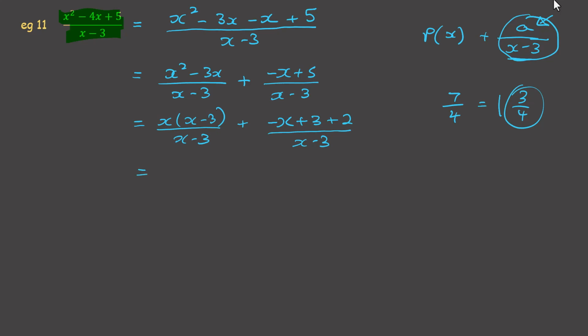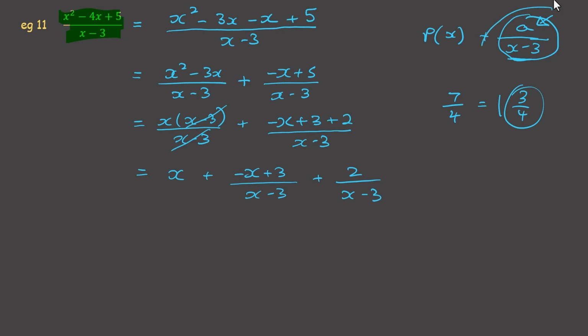And then this first term, got some cancelling, and I've just got an x. And I'm going to split that second fraction. So I'll split it into negative x plus 3 over x minus 3 plus 2 over x minus 3.